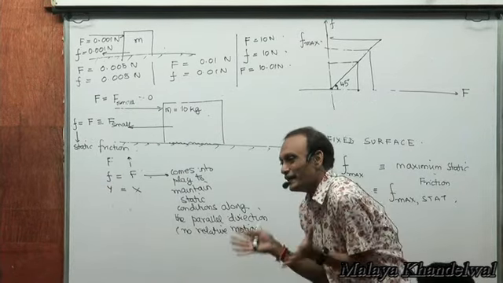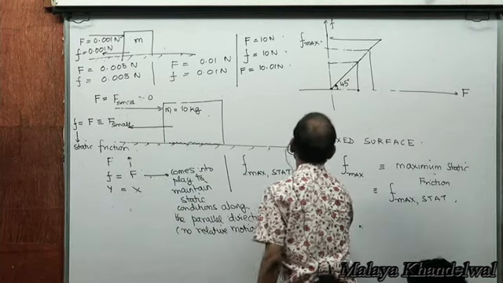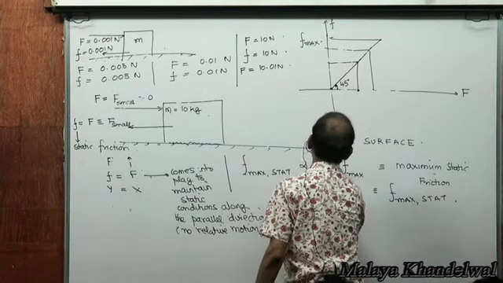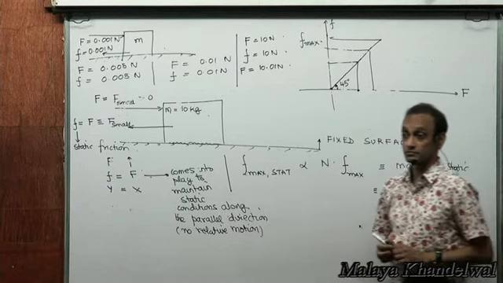Again, the law of friction obtained using experiment says that maximum static friction, F max stat, is proportional to the normal reaction between the two surfaces.